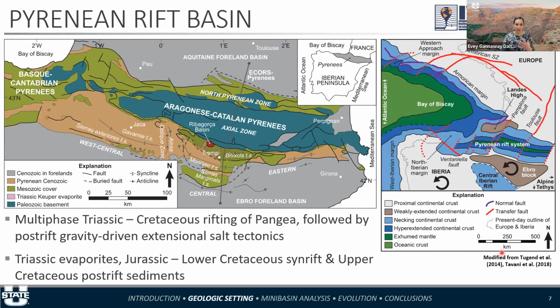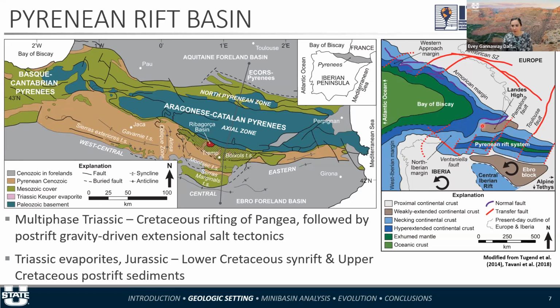But let's first back out of this more recent compressional tectonic event. And here we have the Pyrenean rift system. This is going to develop during the breakup of Pangea. So we're going to get multi-phase Triassic to Cretaceous rifting of Pangea, developing these east-west, northwest-southeast basins as the Bay of Biscay and the Atlantic Ocean further to the west begin to open, and the Pyrenean rift system is an arm of that extension.